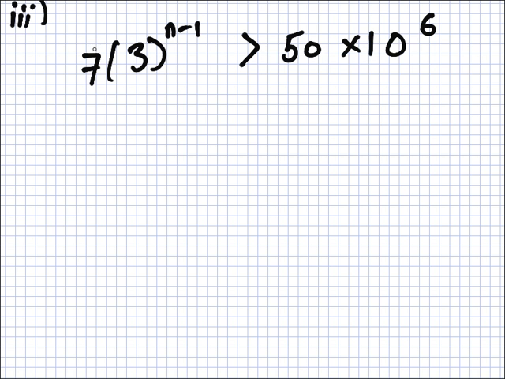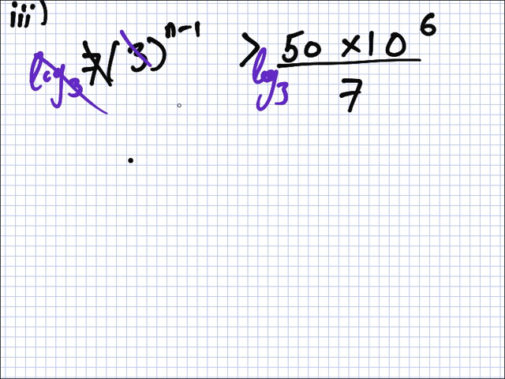Okay. I'll divide by 7. And I'll take a log as well. Well, I don't know actually if I can take logs, if it'll work on the calculator, because I'm looking for the power here. If I was to do a log base 3 on both sides, you see, what'll happen is it'll cancel that.